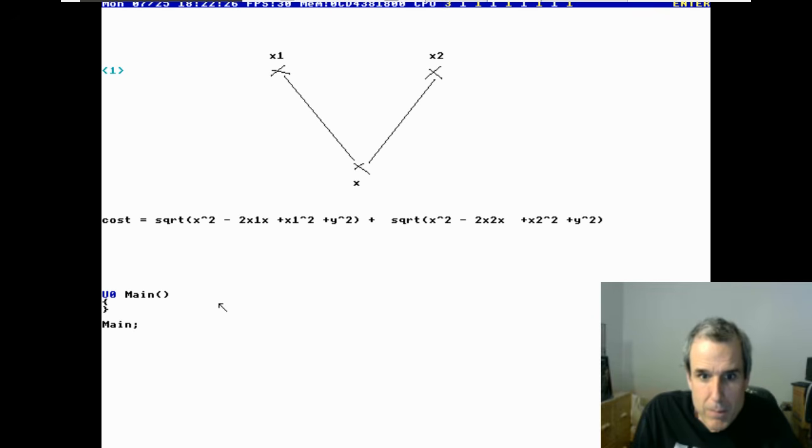Okay, so y is a constant, x1 is a constant, x2 is a constant, and we just want to find the zero.